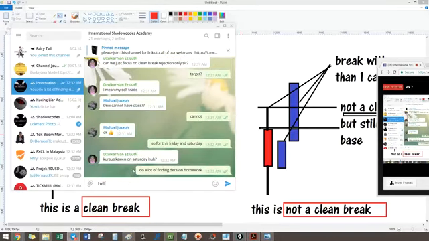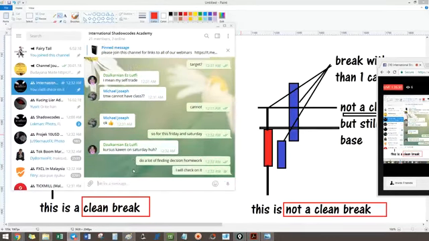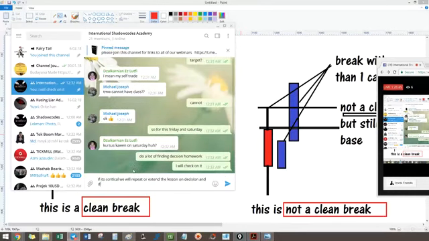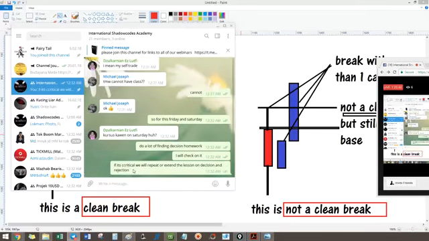I will check on it. If it's critical, we will repeat or extend the lesson on decision and rejection.